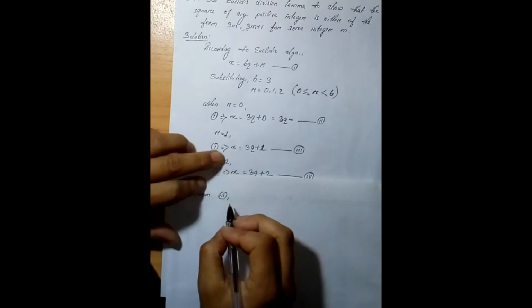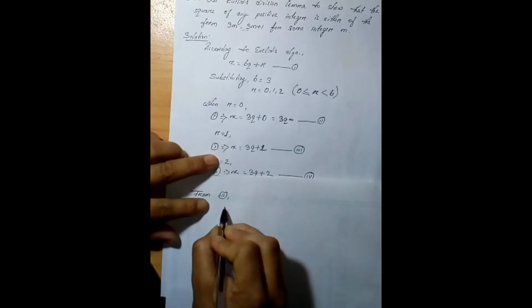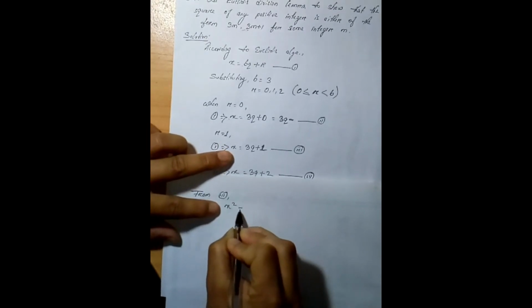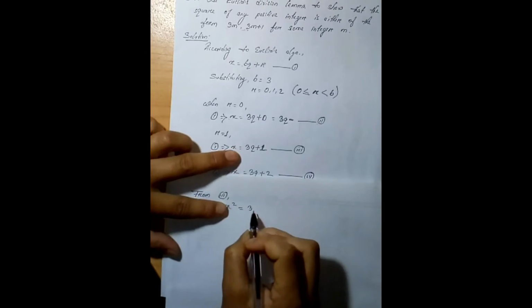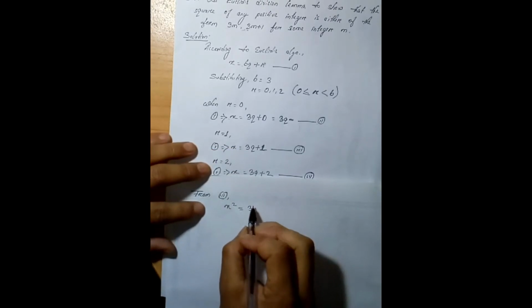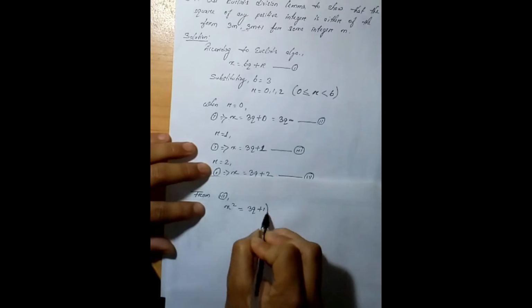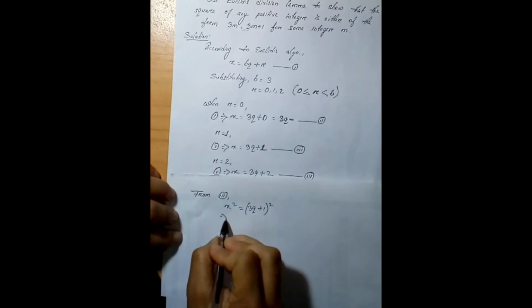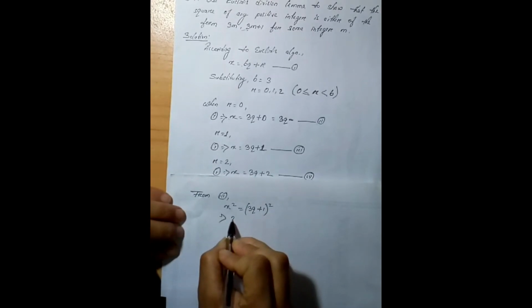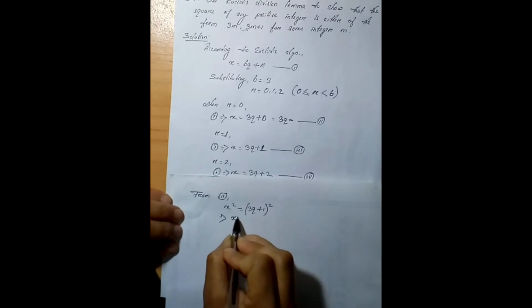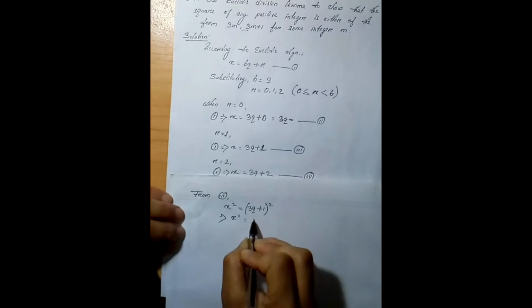So what we will get by squaring: x square equals to 3q plus 1 whole square. It will be in the form a square plus b square plus twice ab.